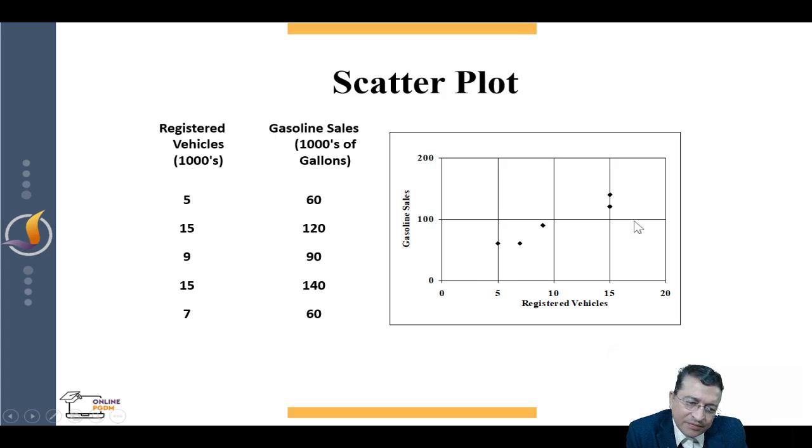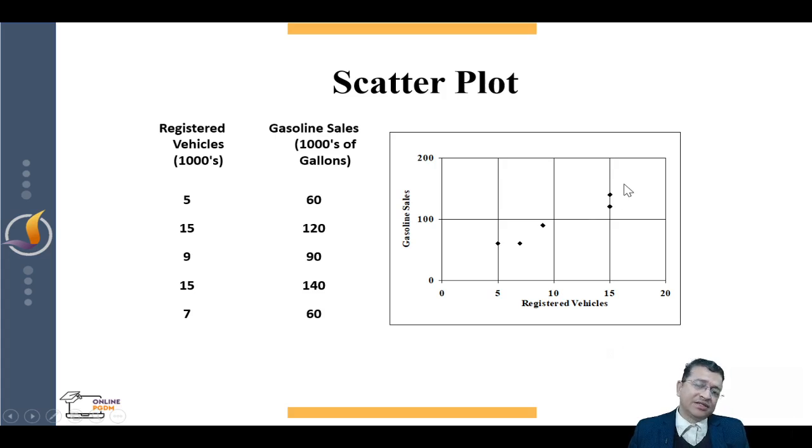Now what does it mean? If these dots form almost a straight line, not exactly a straight line, we can interpret that there is some linear relationship. If I put a line diagonally starting from 0,0, we will find that most of the points are close to the line, right?